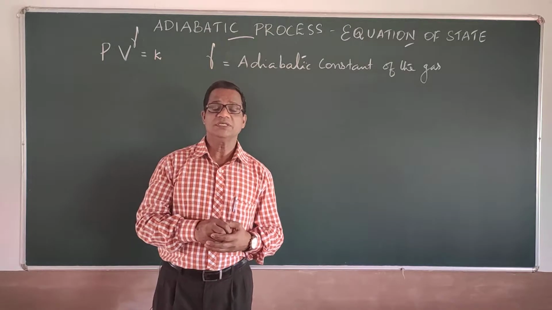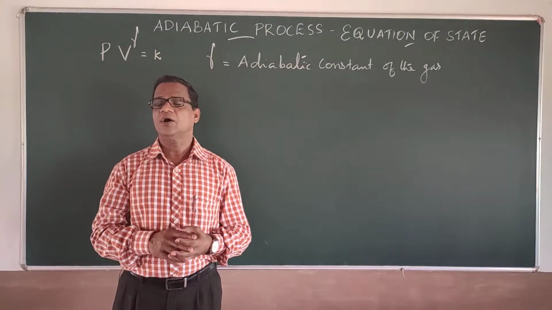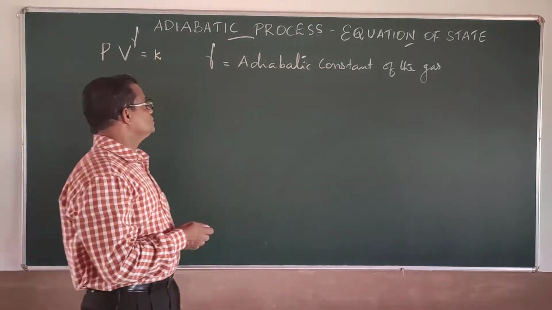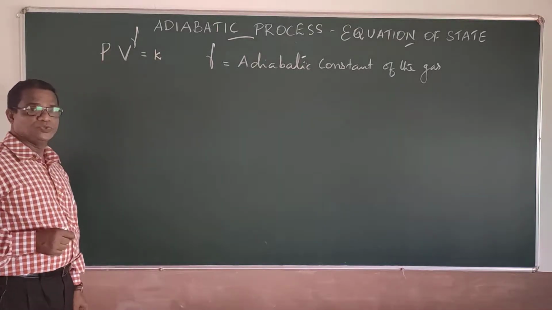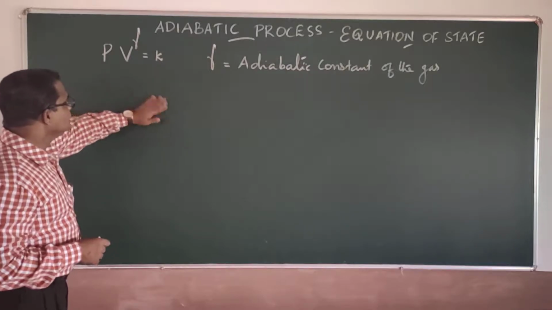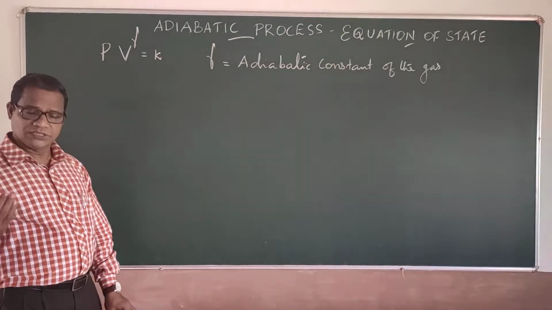So depending upon the situations, these three equations you must be knowing, and how to apply and where to apply. So how to obtain the other two equations? Here pressure and volume is related. Now from this particular equation you can come to the other two.